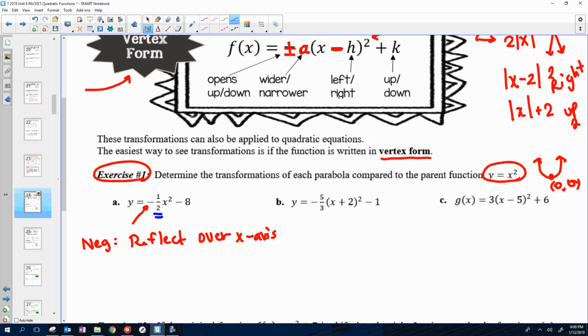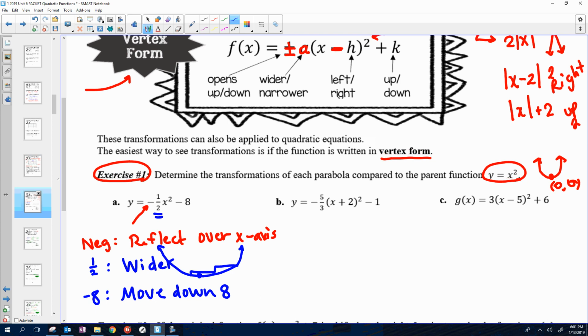The 1/2 is going to make it be wider. I always think of it as like a slope. If your slope was 1/2, you'd be going up and over, up and over. So you'd be stretching this wider, sort of like slope. The x squared is part of the equation. There's the parent function. And then -8 is going to make it move down 8.